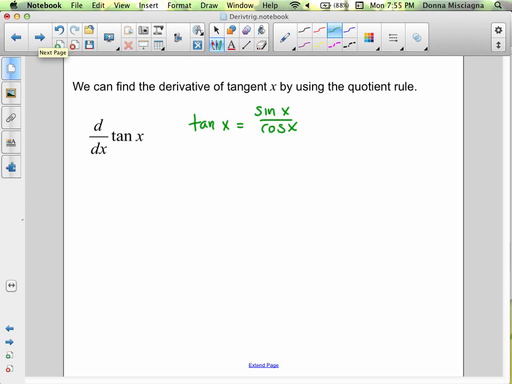So now we have a quotient of functions that we know the derivatives of. Now we can use the quotient rule to find the derivative of tangent x.